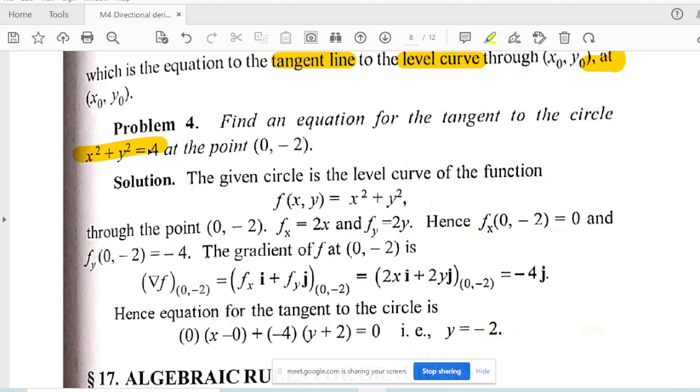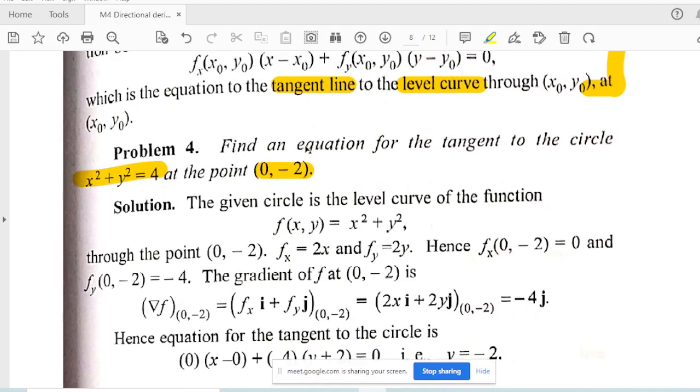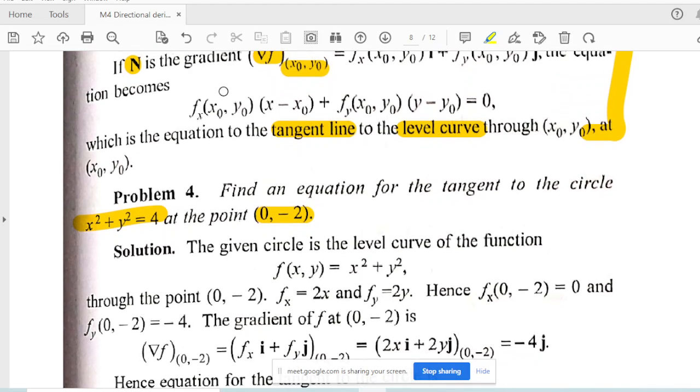This is the equation of a circle centered at 0. Here the level curve is x square plus y square equal to 4, and you have to find the equation of the tangent to this circle at the point 0, -2. So we'll be using this particular formula.